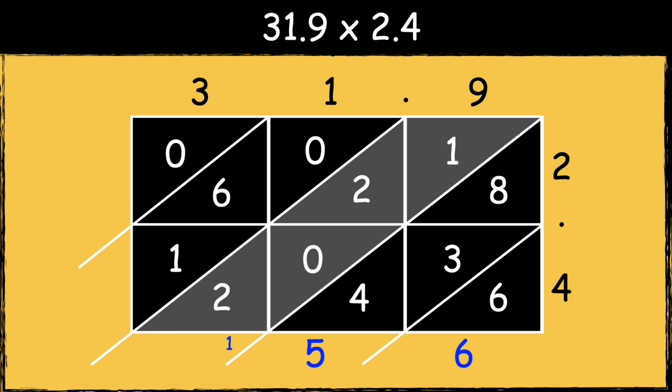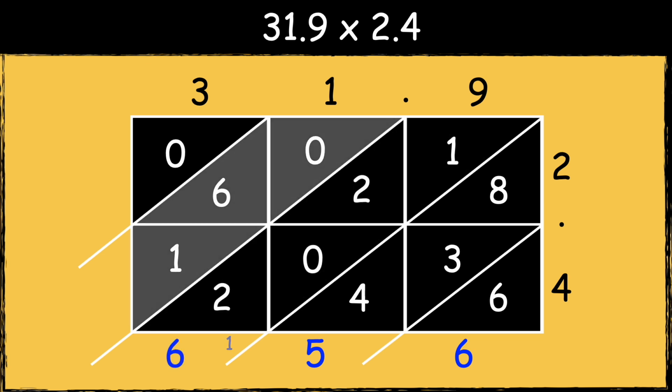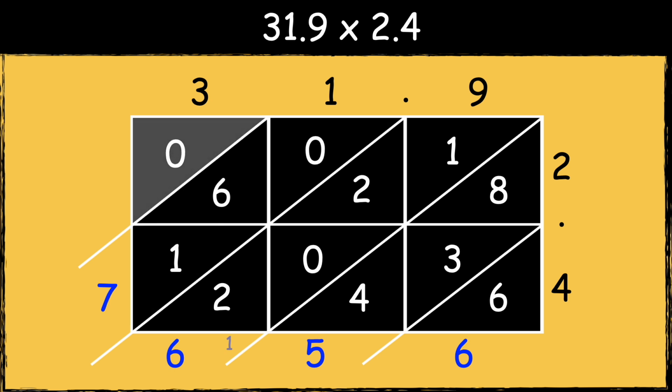In the next section, we have 2 add 2 add 1 add 1, which is 6. In the next section, we have 1 add 6, which is 7. And in the last section, we have 0.